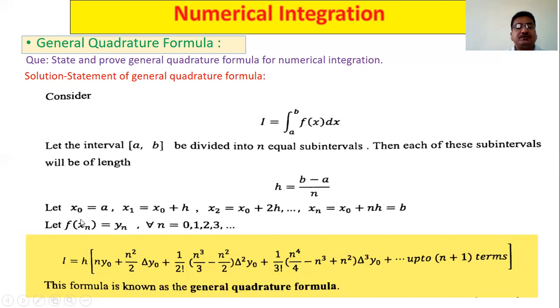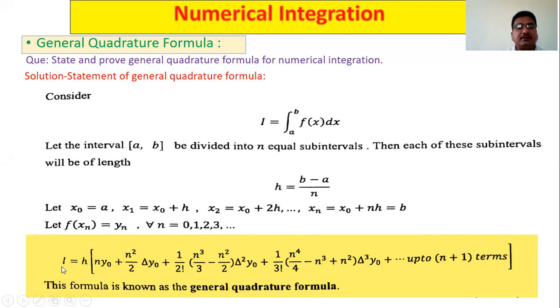So f of xn is equal to yn, for n running from 0, 1, 2, 3, and so on. The value corresponding to x0 is y0, corresponding to x1 is y1, corresponding to x2 is y2, and so on.